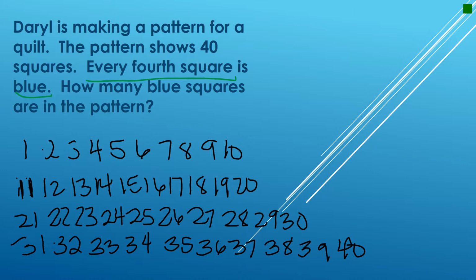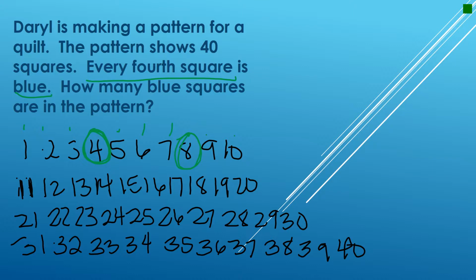So that means I can count 1, 2, 3, 4, and this fourth square is going to be blue. Then I count again, 1, 2, 3, 4, and this fourth square is going to be blue.